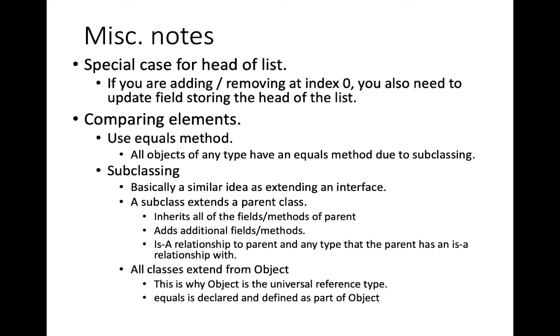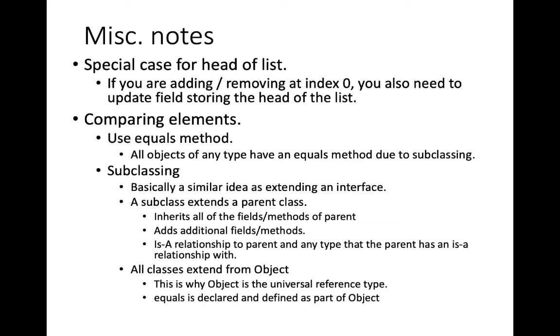Every class is a subclass of Object, which is why every class has an is-a relationship with Object, right? It turns out that the equals method is defined in Object, which is why every object of any type has an equals method, because it's inheriting it from Object.